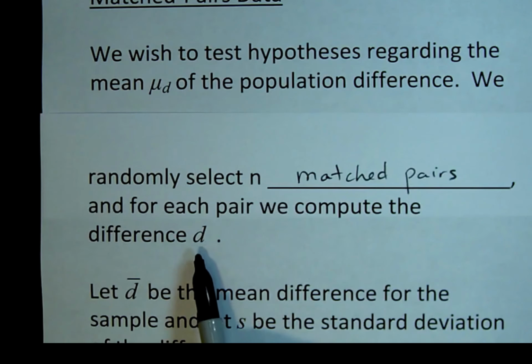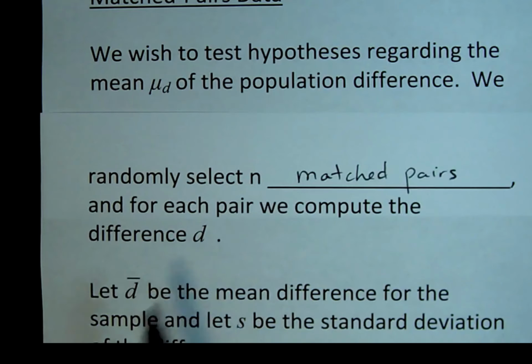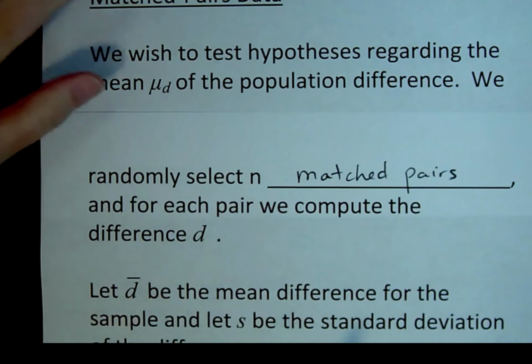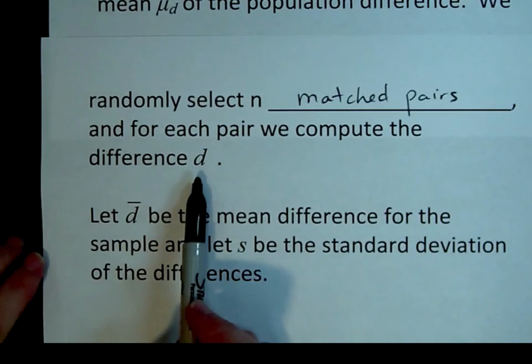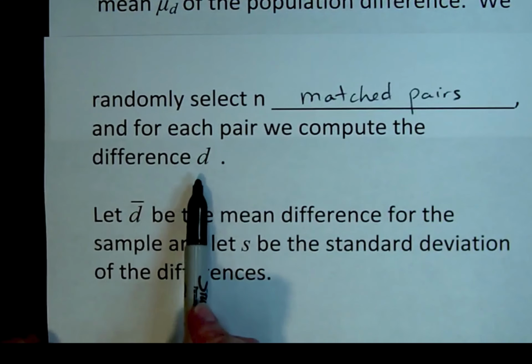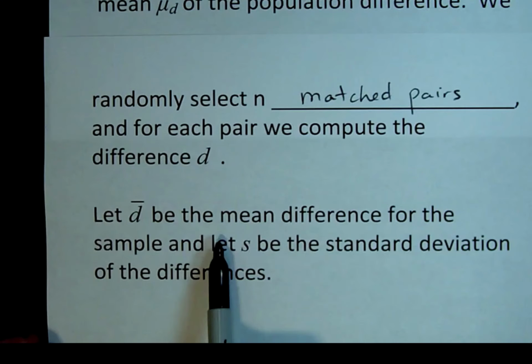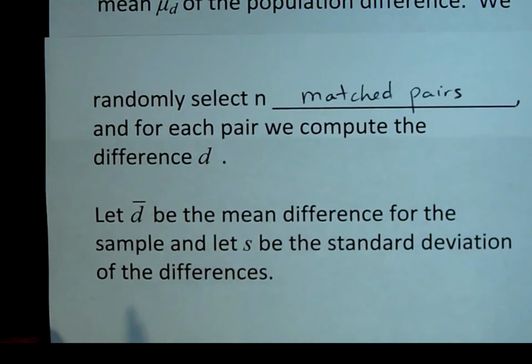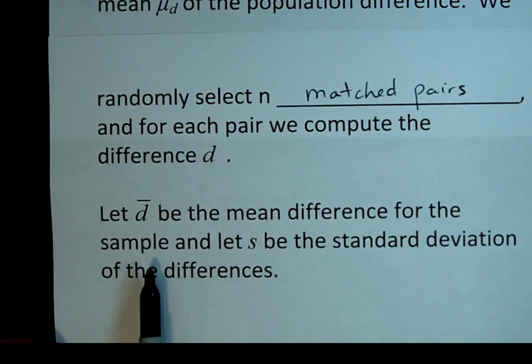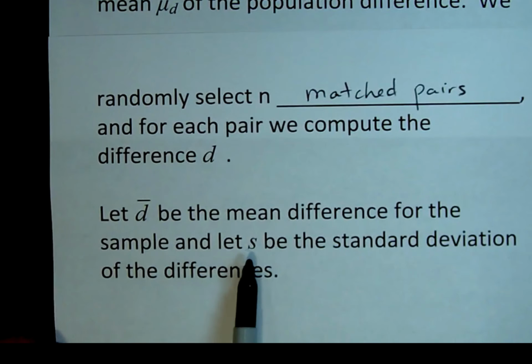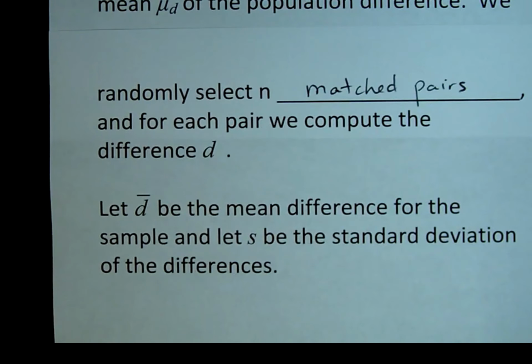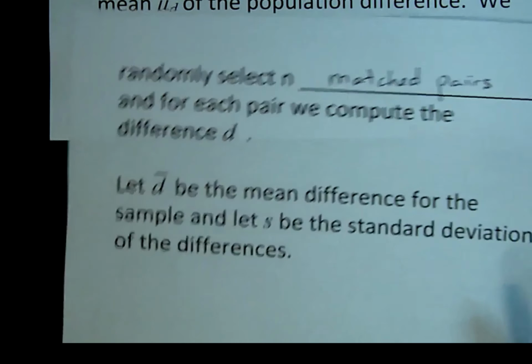So we'll have just the one variable that is itself a difference. Then d bar will be the mean of all the d's. Okay, so each d is a difference. D bar will be the mean of those differences. That's for the sample. We'll have s be the standard deviation of all the differences. Okay, so we're going to do hypothesis tests for these, and then later we'll do a confidence interval.